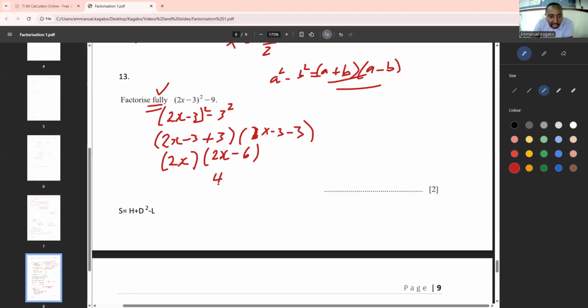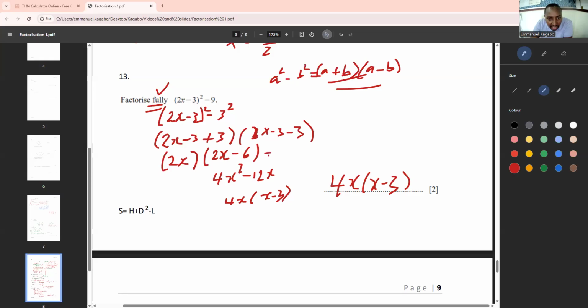This is 4x squared. This step is not that necessary, okay? 12x, right? So if I fully factorize, it will be 4x, then you get x minus 3. I just wanted you to see exactly this. x minus 3, right?